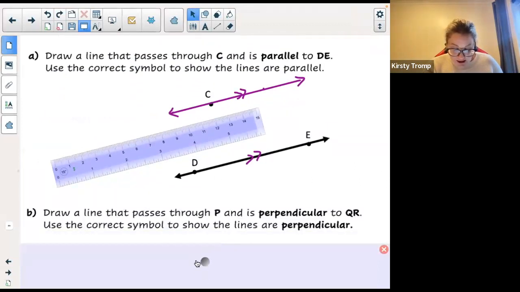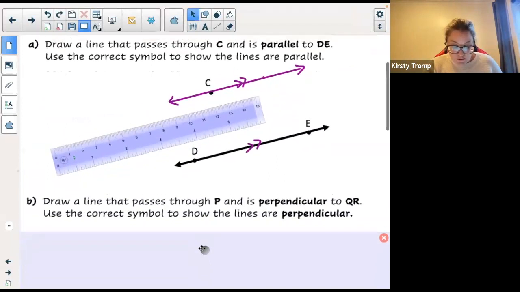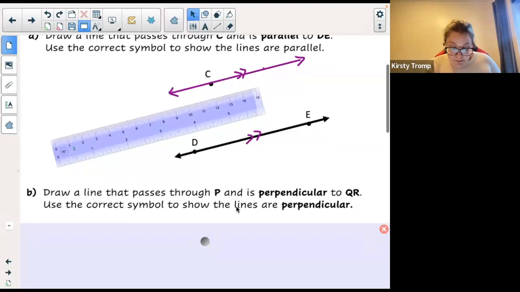For those of you who are a bit confused about the difference between parallel and perpendicular: we've just done parallel, which means equal distance between the 2 lines. Let's have a look at perpendicular. Draw a line that passes through P and is perpendicular to QR.